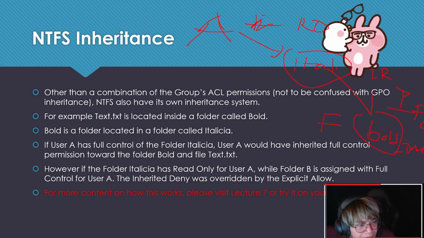But since we assign full control to the folder here, we have the explicit allow permission, so user A will have full control. Lecture 7 has more of this stuff on inheritance, so go ahead and view it.